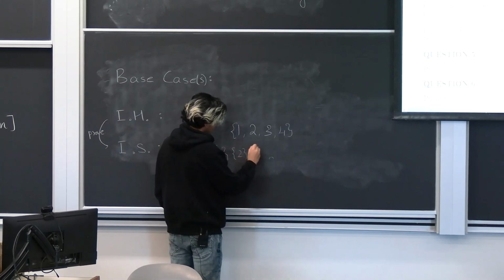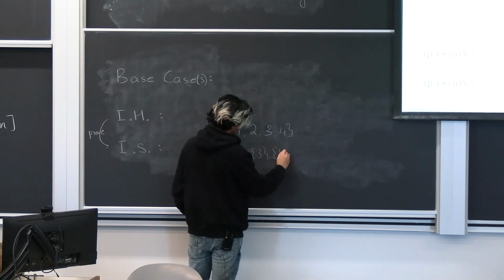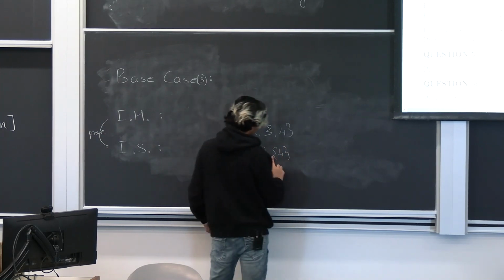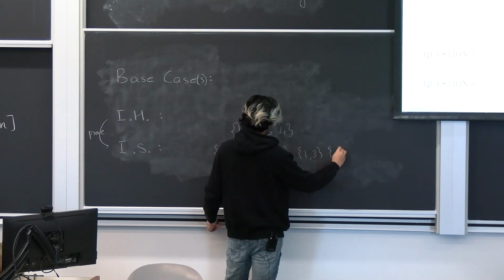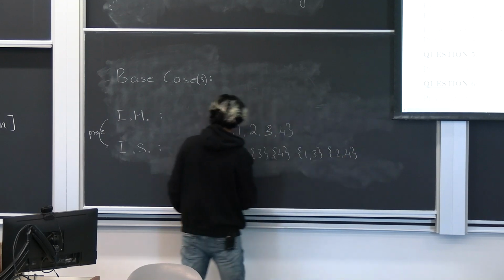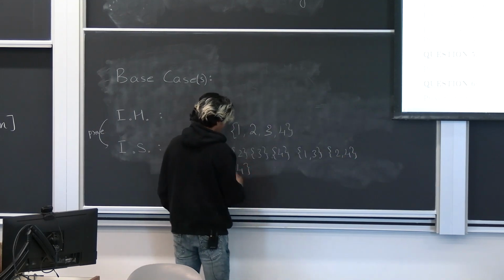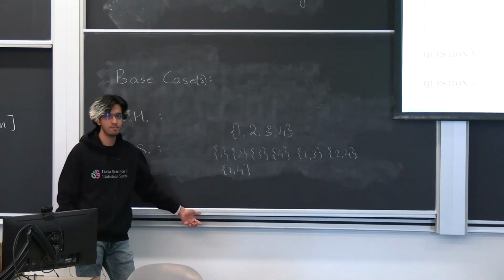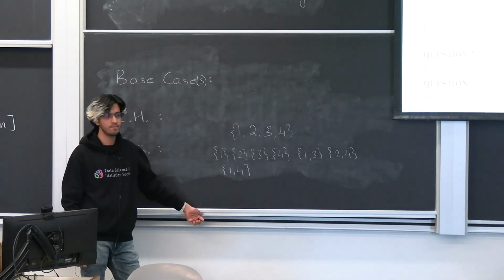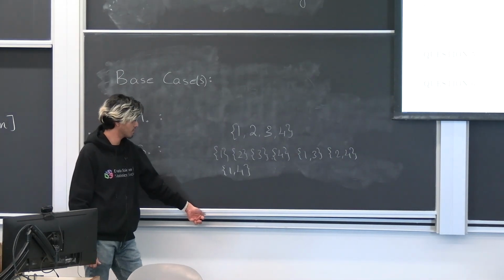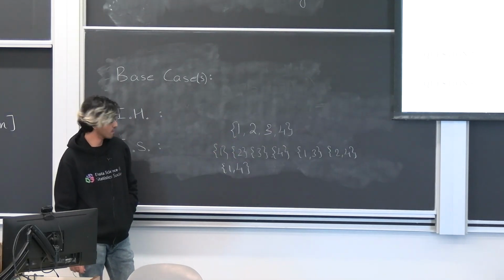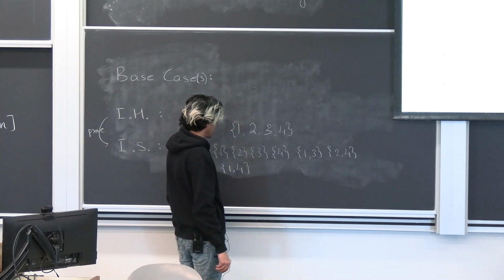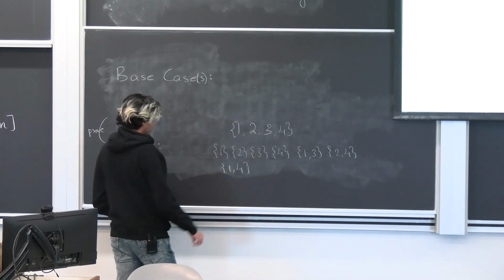Sure: 1, 2, 3, 4, 1 3, 2 4, 1 4. Are we missing anything? No, right? This is every single non-empty subset of this with non-consecutive integers. We're not missing anything. Now, my claim was to partition it into groups, right?